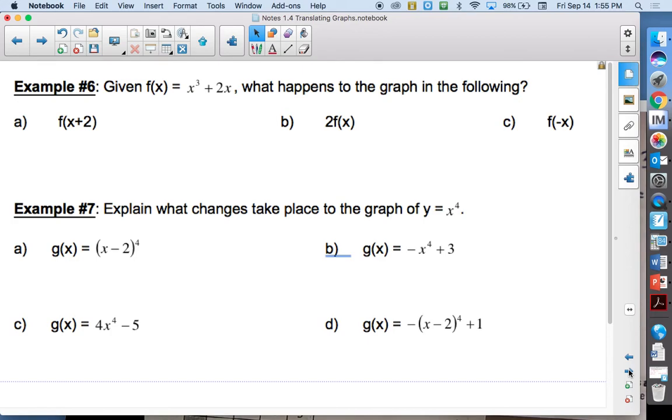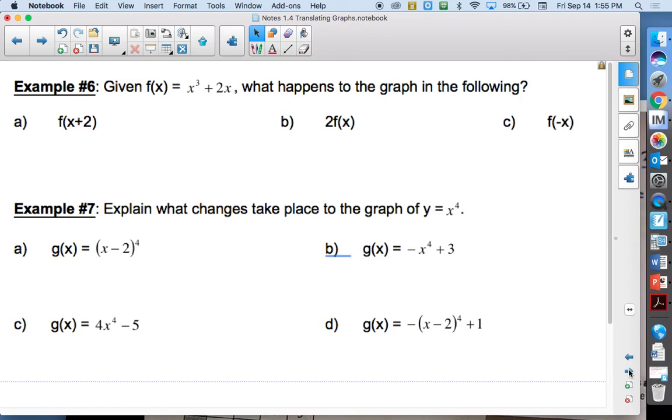So example 6 says, given the function x cubed plus 2x, similar to what was in the homework for number 47. What happens to the graph? And if you look at the notation, you see that function notation, f of x plus 2. That means it can be referred to any function. In this case, we just happen to be referring to x cubed plus 2x.